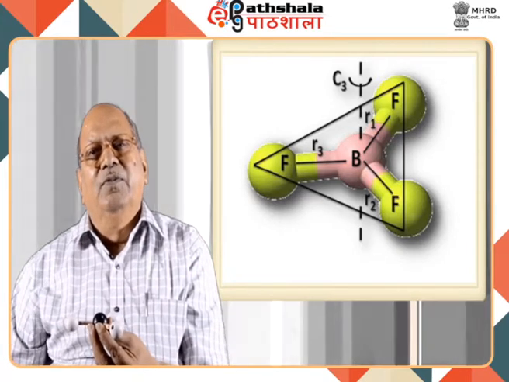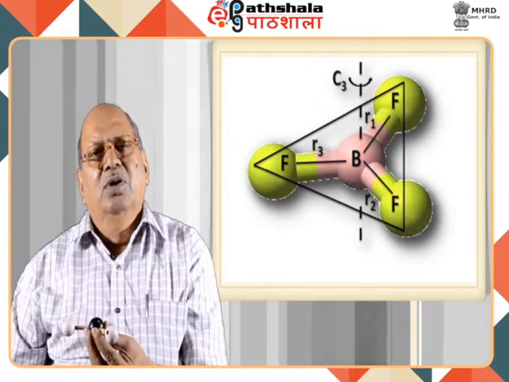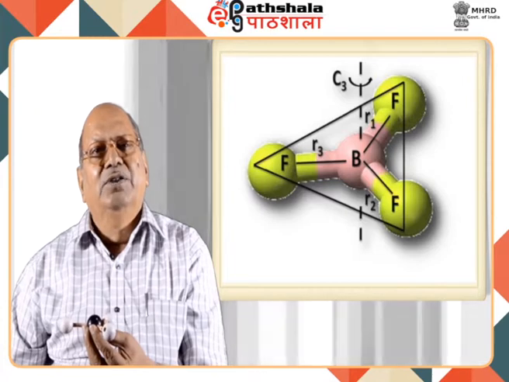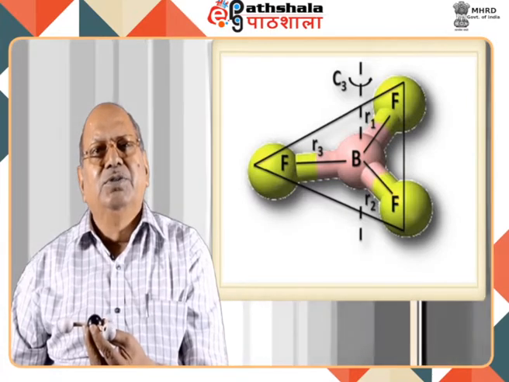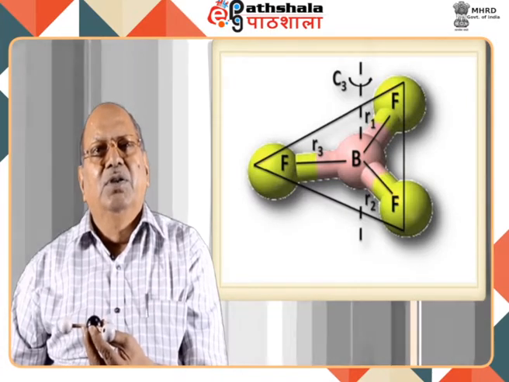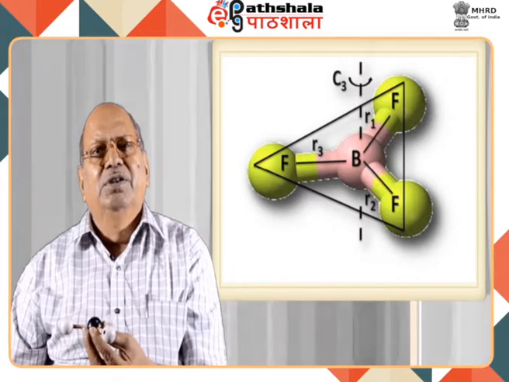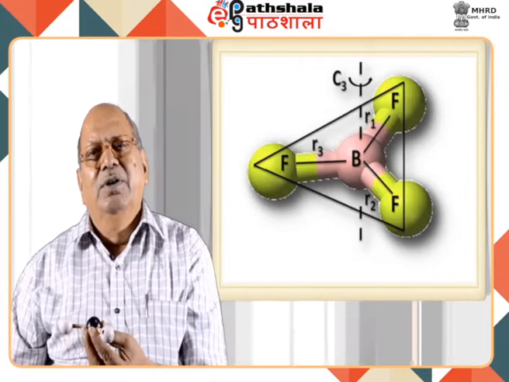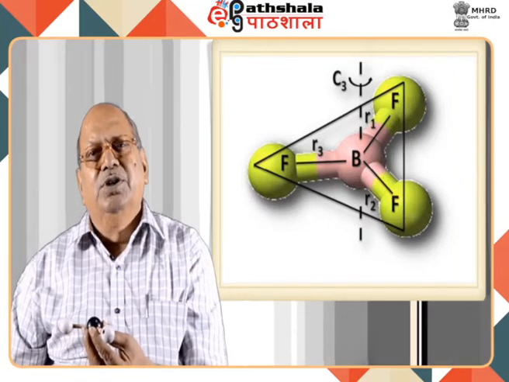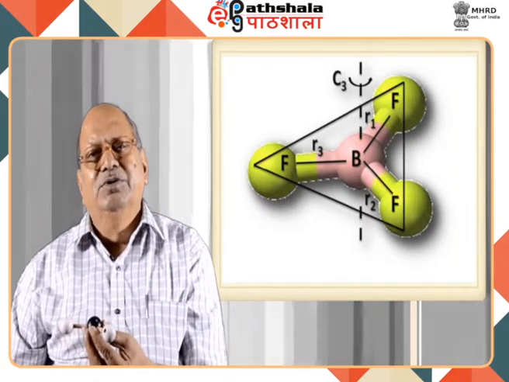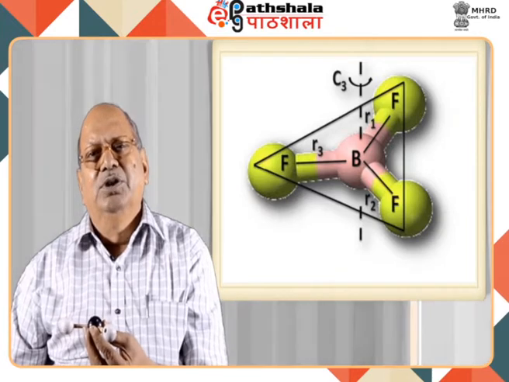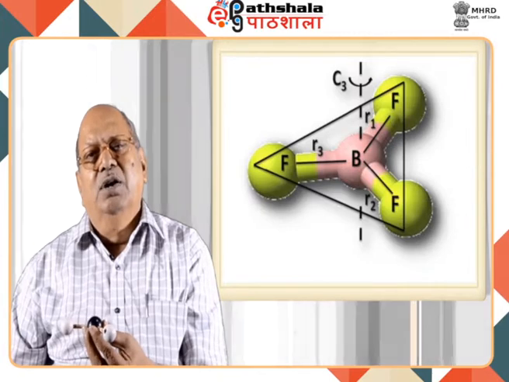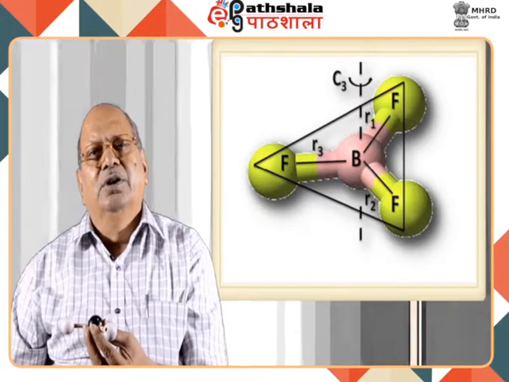Now we find the valence orbitals of this boron atom and their symmetries, and these are given as A1', E', E'' and A2''. Now let us find out the symmetries of the fluorine atoms, and for that we have to see the effect of various symmetry operations on R1, R2 and R3.